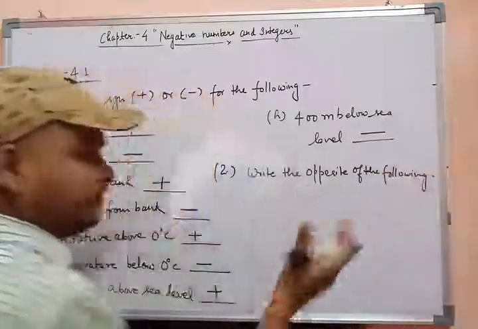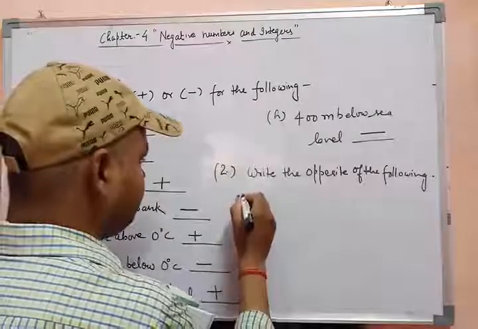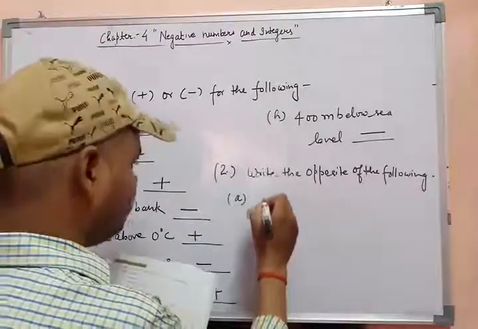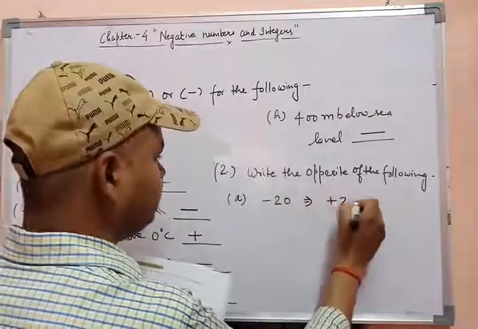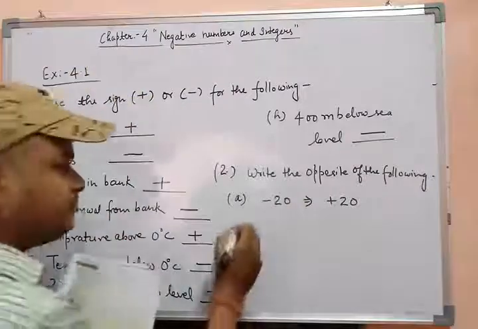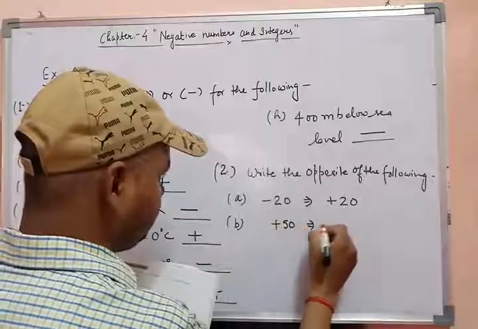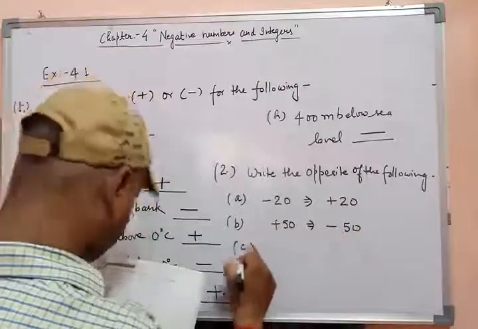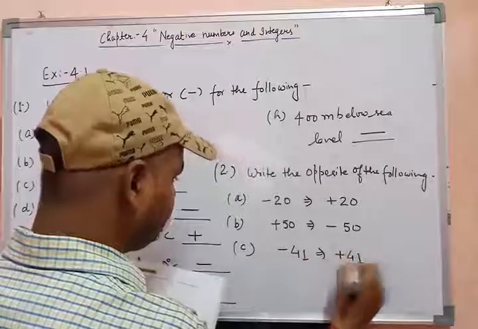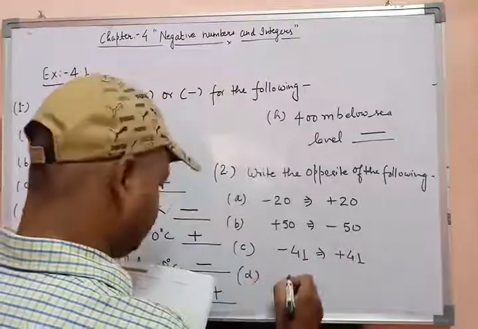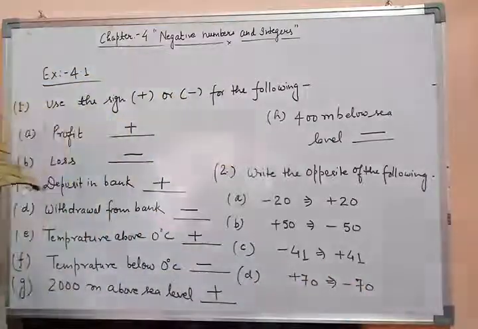Opposite means against, opposite means उसके विपरीत। देखिए जैसे question number a, -20 का opposite क्या होगा, +20, माइनस का उल्टा प्लस, ठीक है। +50 का मतलब -50, -41 means +41, +70 means -70. So students, this is also a very easy question.